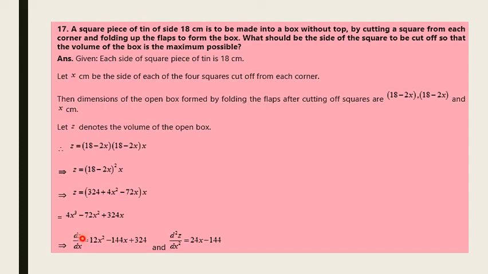Now we will equate dz by dx with 0 and we will get the x value. That x value we put in the second derivative. If the sign is negative, we say our x value maximizes.